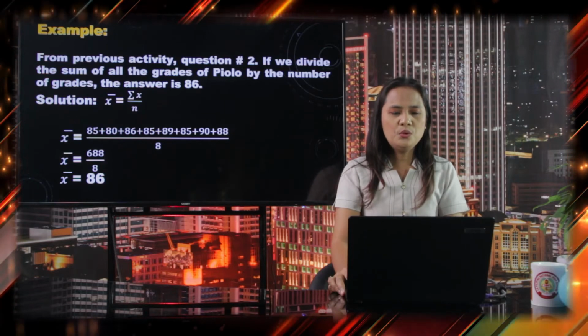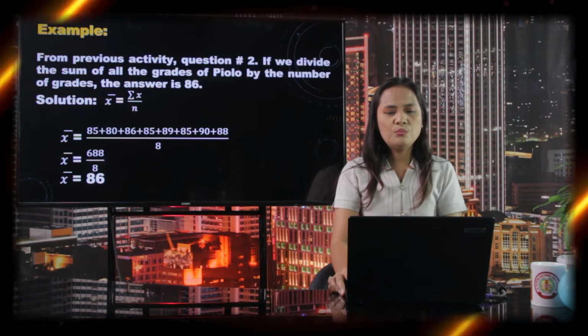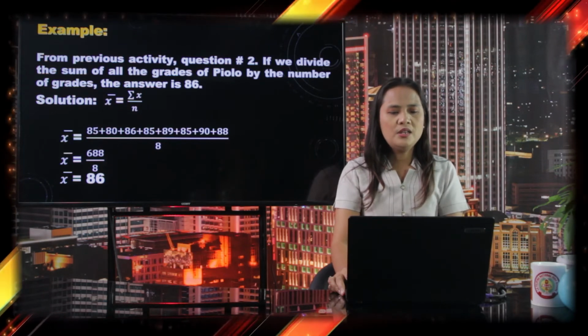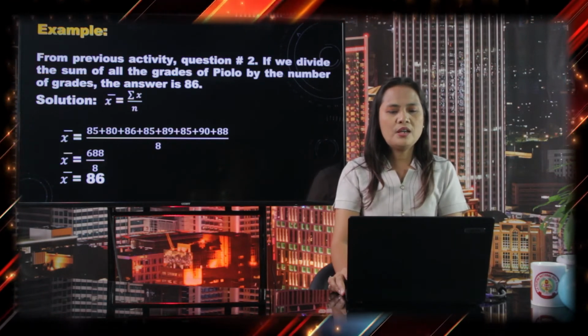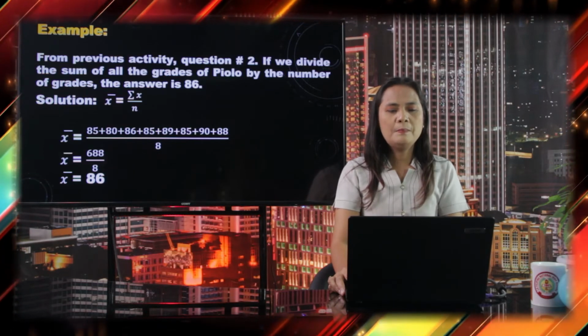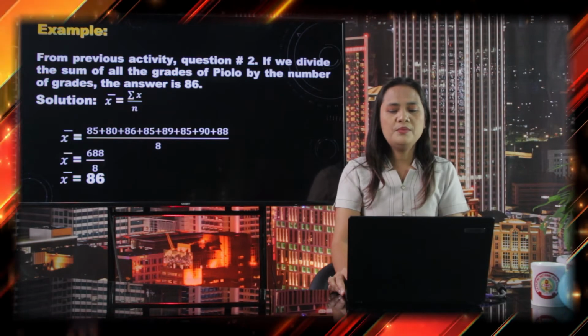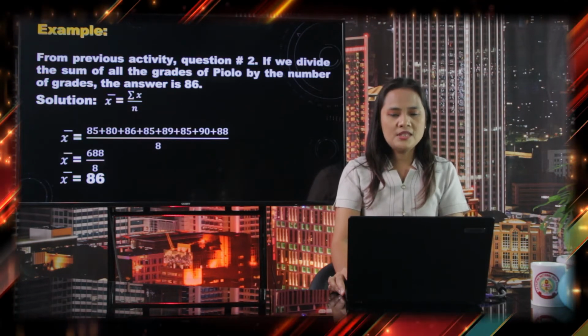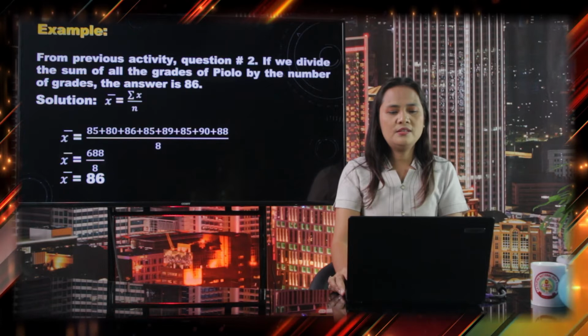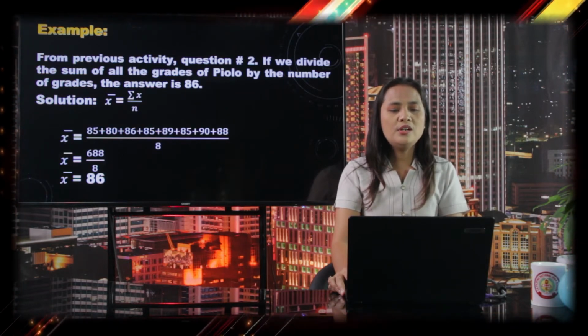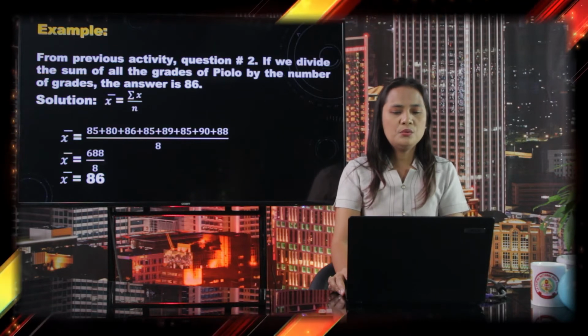We add all the grades of YOLO, we have 8 grades, so we have 85 plus 85 plus 86 plus 85 plus 89 plus 85 plus 90 plus 88, all over 8. Mean is equal to 688 over 8. Mean is equal to 86.